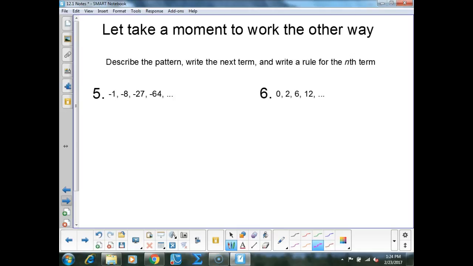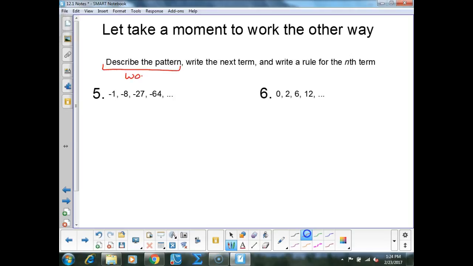So the directions in this particular problem say, first, find the pattern, which means we would want to find that pattern in words. Then it says, write the next term. Then it says, write a rule for it. So describe the pattern.